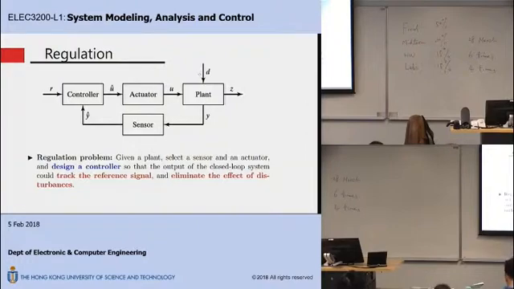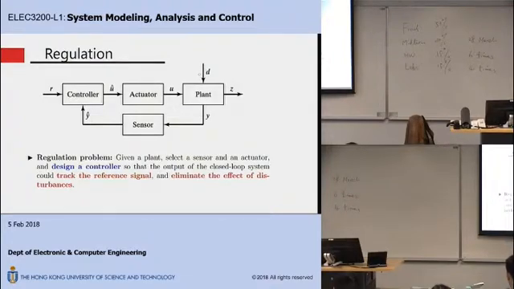Given a plant, select a sensor and an actuator, and design a controller so that the output of the closed loop system tracks the reference signal. So the output Z tracks this R, and eliminates the effect of disturbances.